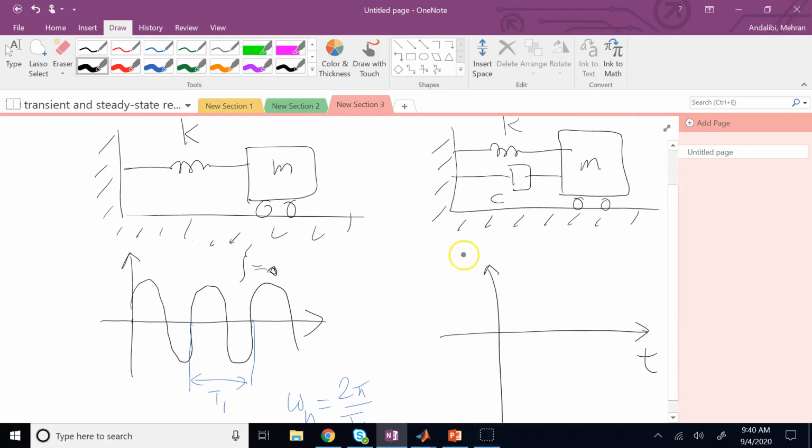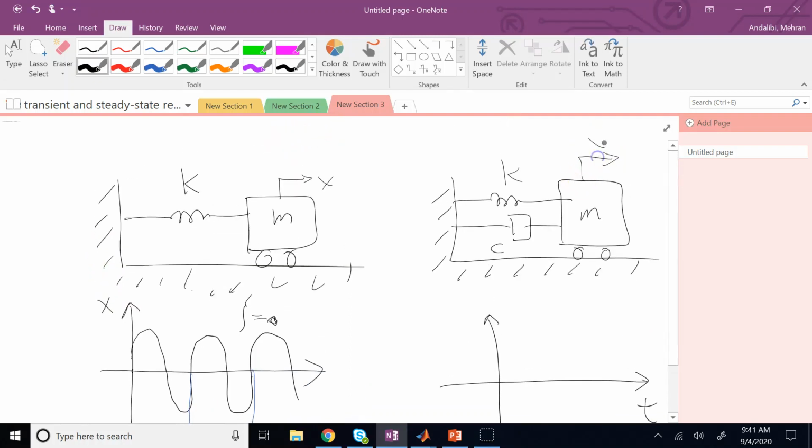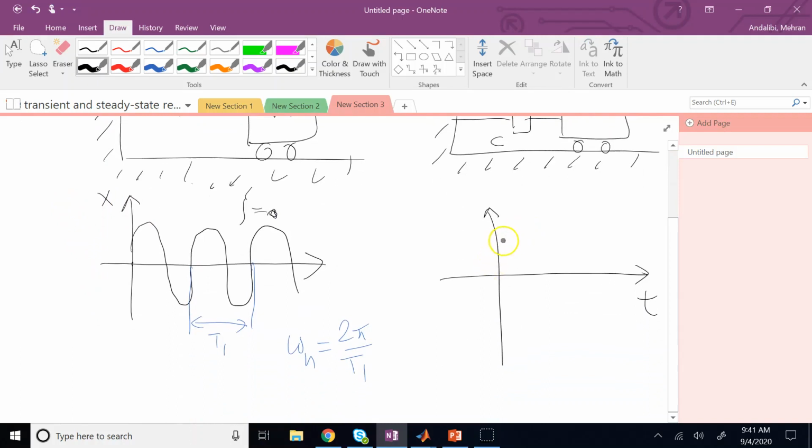On the other hand, in here, the response of the system, if you call it X, for example, the natural response of the system is going to be a damped harmonic, right?